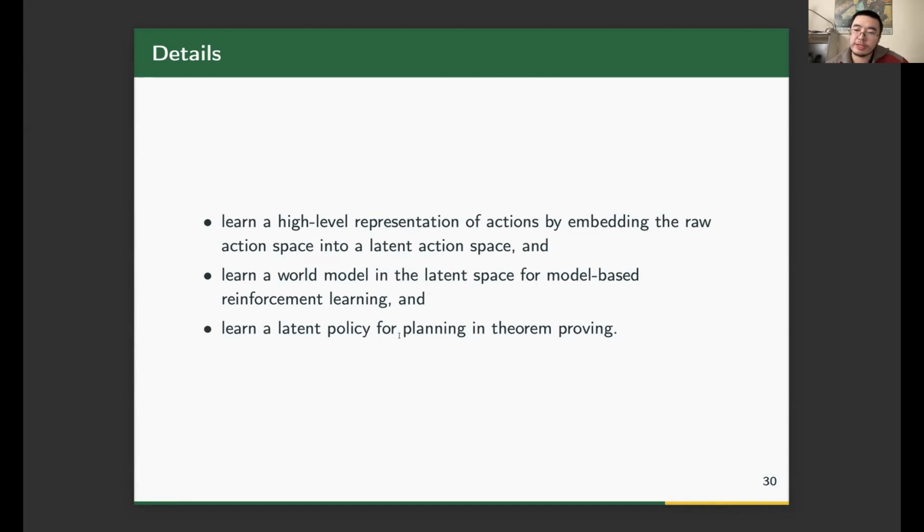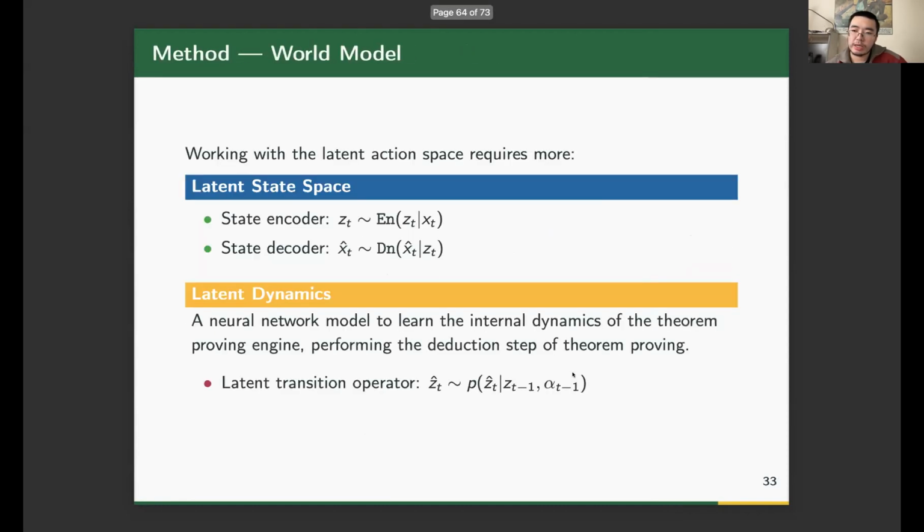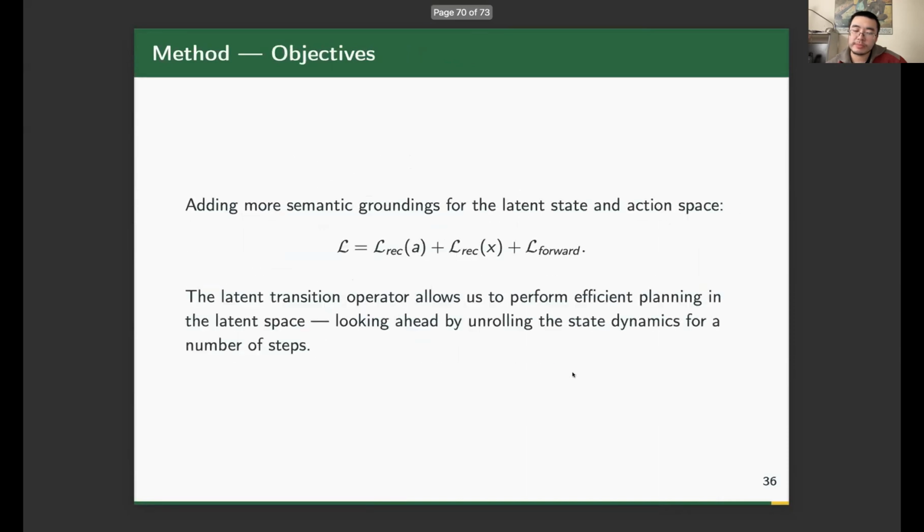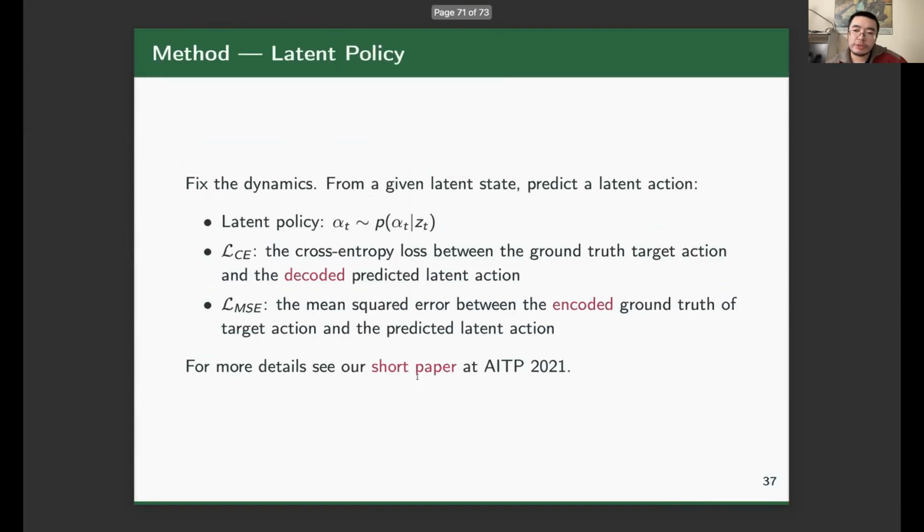Once we have such a latent world model, we can learn a latent policy and do efficient planning in theorem proving. This is like saying that we are dreaming mathematics in latent space. If you want to know more about this, you can see our short paper at AITP 2021, which describes an early effort.